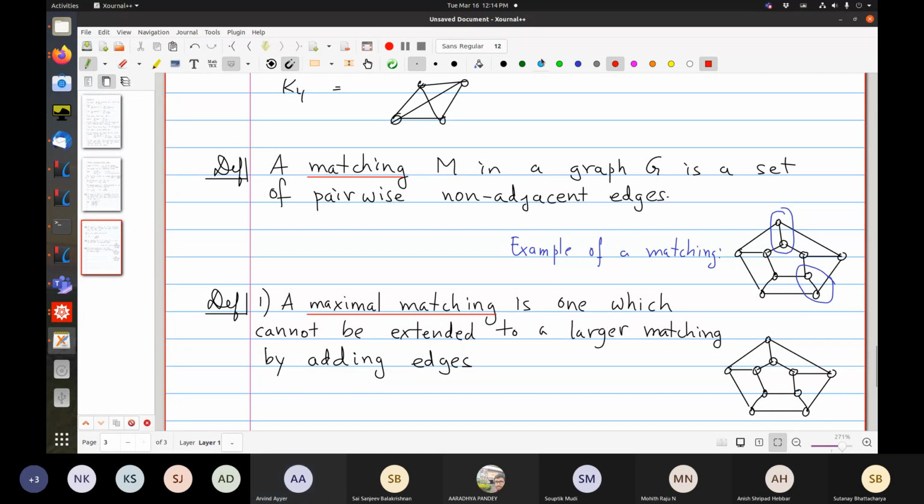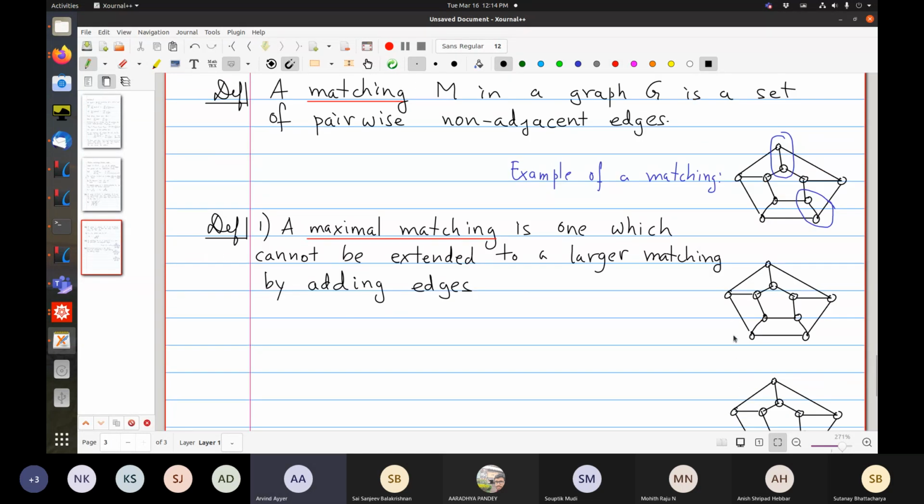So here, let me give an example. Let me use another color. Let me take this, this, this, and this. There are 10 vertices. I already have 4 matched edges, so there are only 2 remaining. But there's no way to add a matching edge because they are not edges. So this is an example of that.